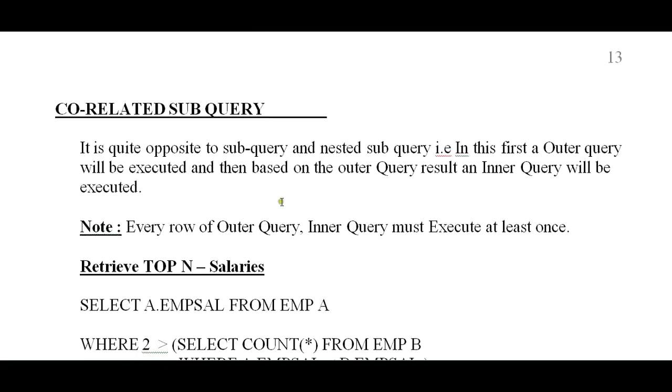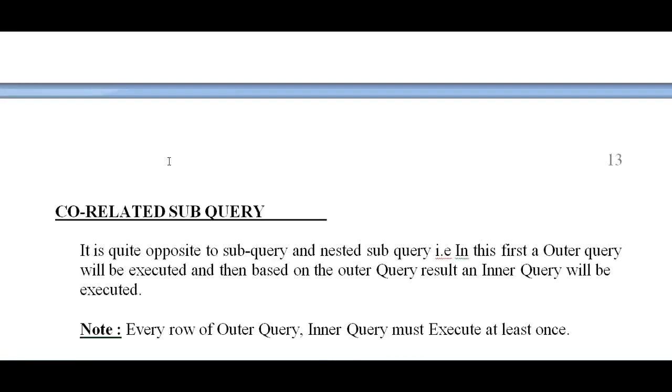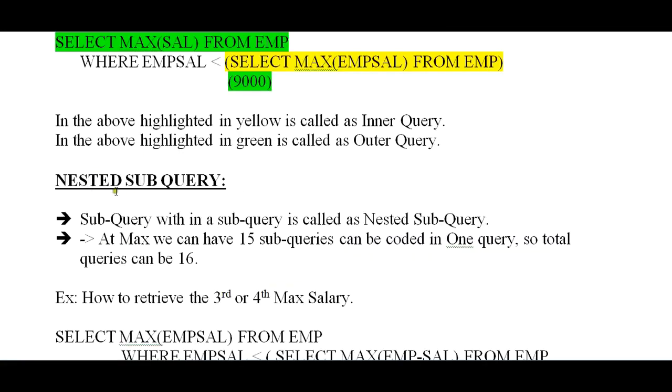So now we will look at correlated subqueries. When will we be using correlated subqueries? As I said, in nested subqueries we can code a max of 15 subqueries. There may be a situation where your condition goes beyond 15 subqueries, and it also becomes very complex if you keep writing multiple subqueries.